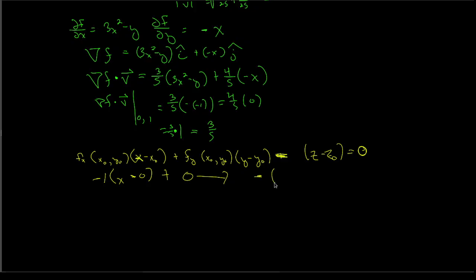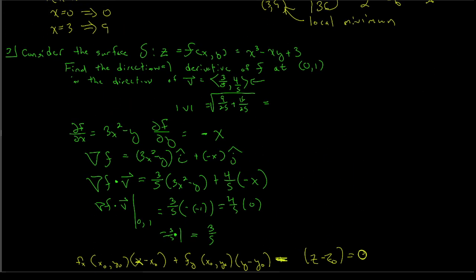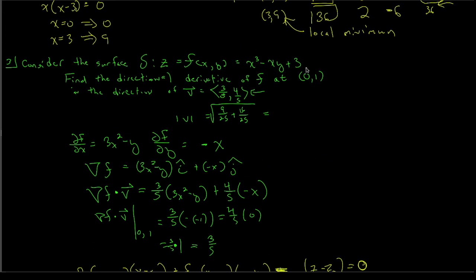Minus, and now we have (z minus z naught). To find z naught, we come back up here and plug in 0 and 1, so we get 0 cubed minus 0 times 1 plus 3, or we get 3.